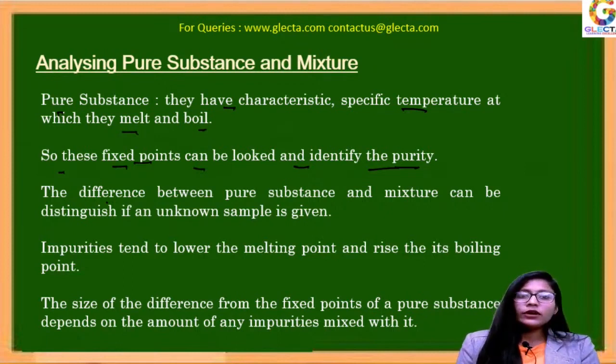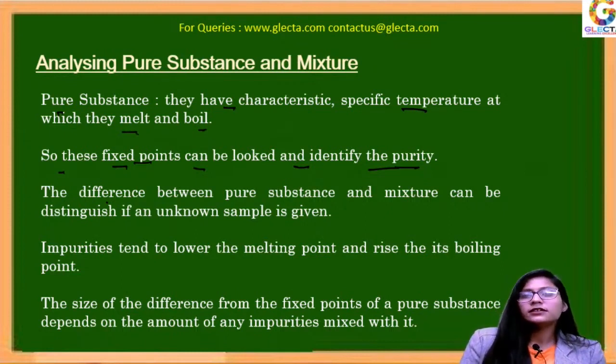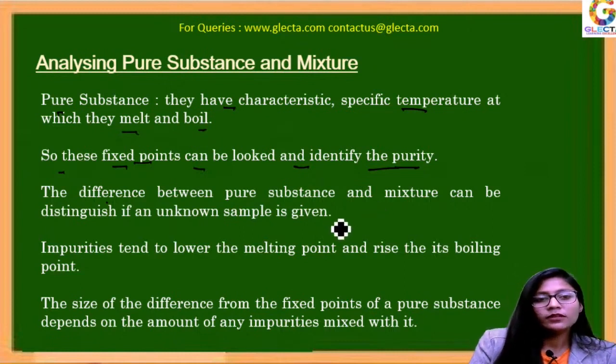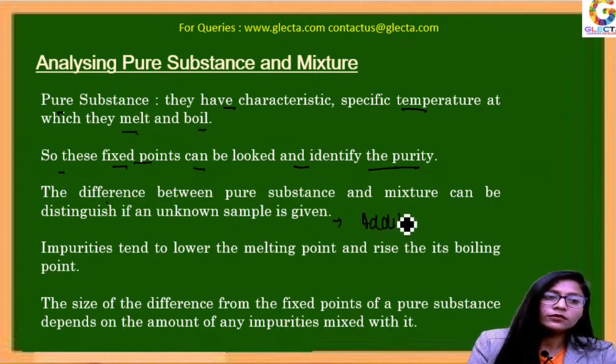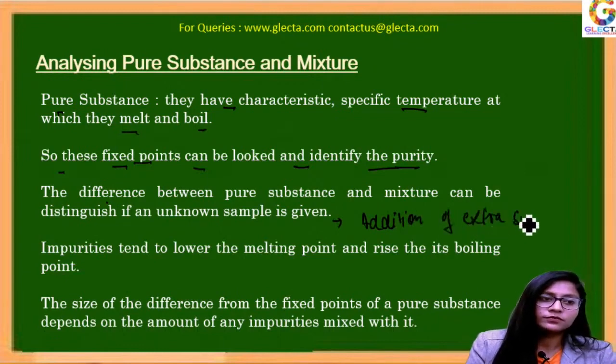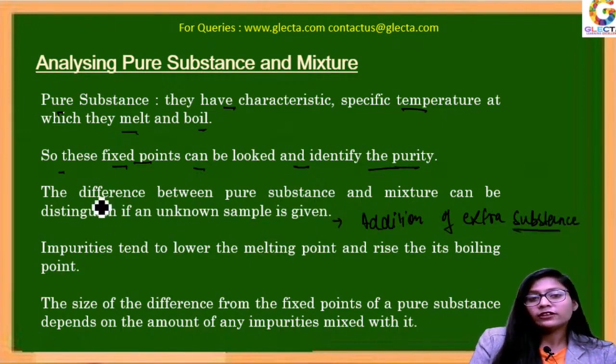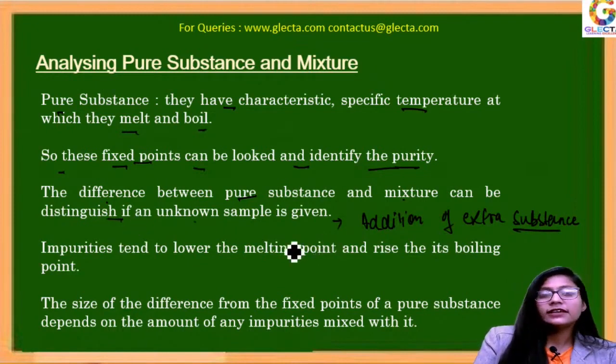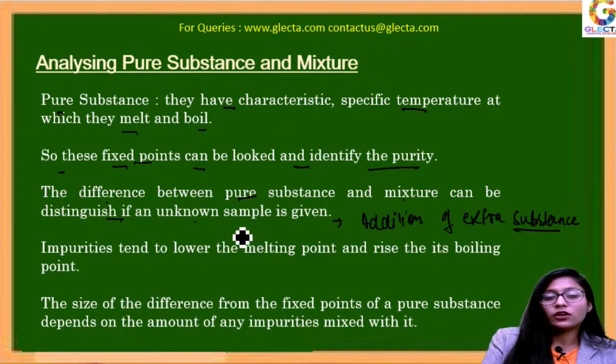If there is any impurity, you will see a difference in the melting point and the boiling point, resulting from the addition of extra substance. So the difference between a pure substance and a mixture can be distinguished if an unknown sample is given. We can easily identify whether it is a mixture or a pure substance.